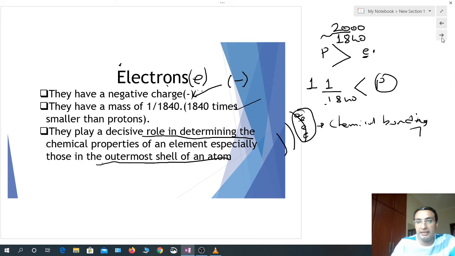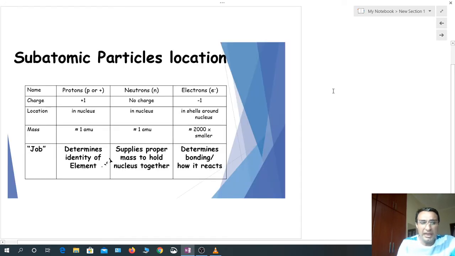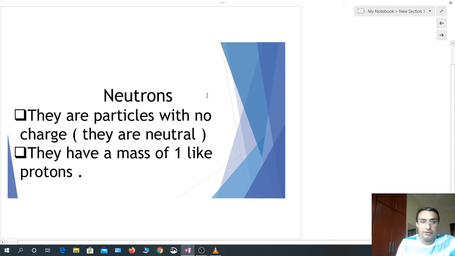Okay, our next particle is neutrons. So neutrons, my dears, can be represented by a small n, and they don't have any charge, neither positive nor negative, but they have mass. The mass of a neutron is almost equal to the mass of a proton.